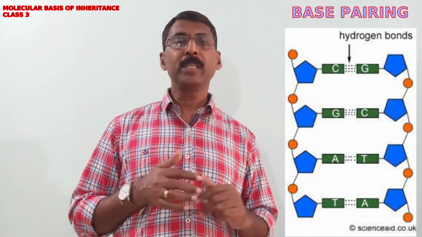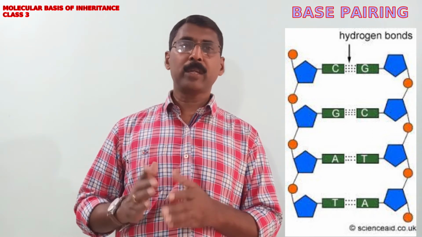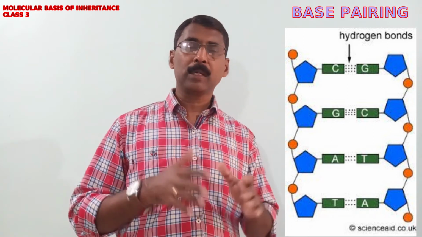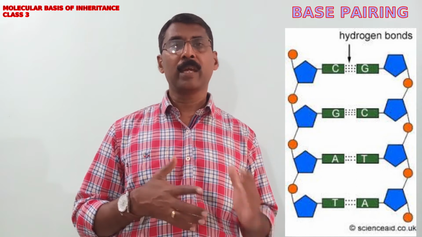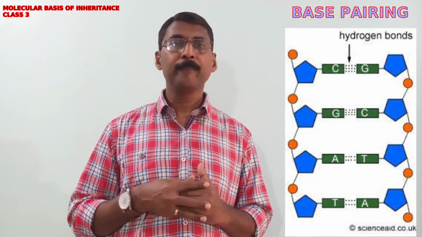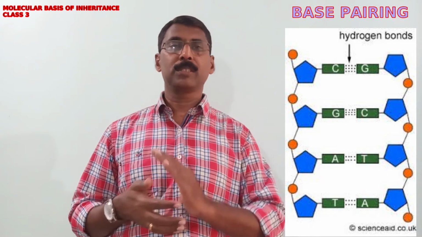So this is called base pairing. By base pairing, one strand of the DNA molecule is connected to the next strand of the DNA molecule to form a ladder-like structure.